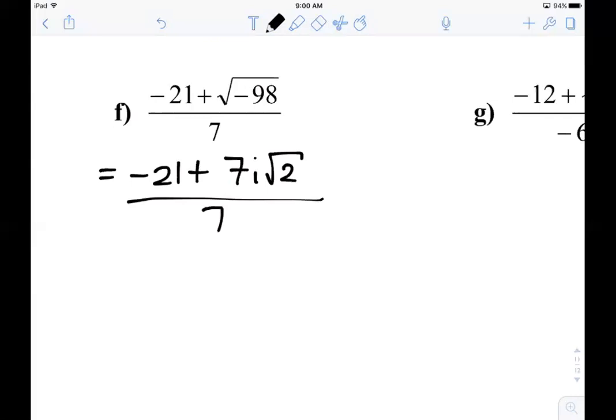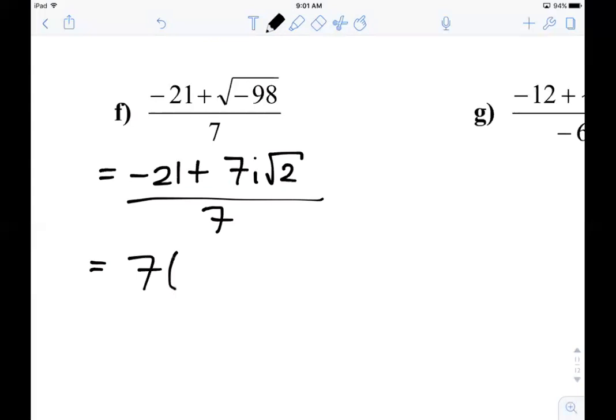That whole thing is still over 7. But all along, we can't forget some of those previous skills we've learned about simplifying by looking for common factors. So I can common factor out a 7 on top if I want to.